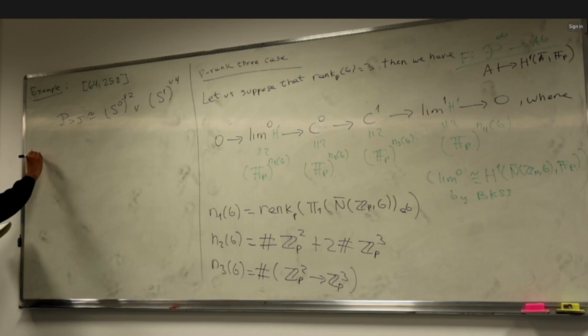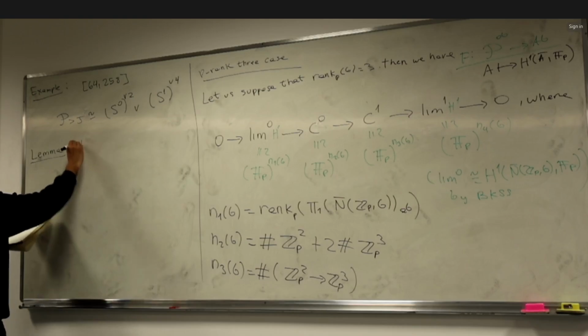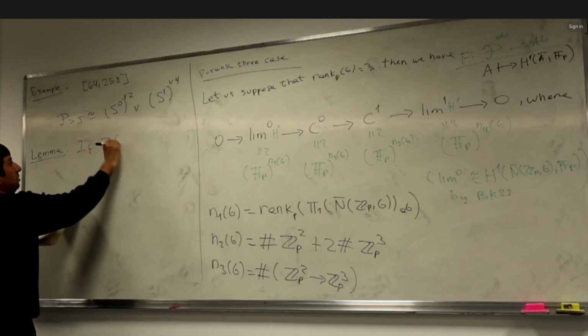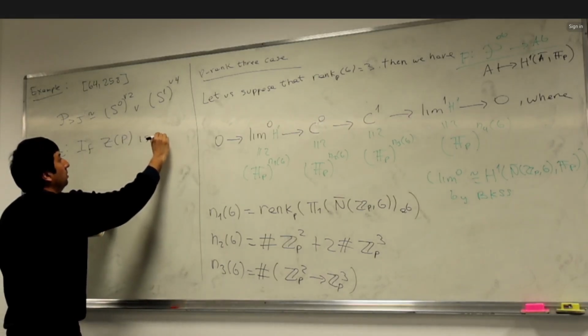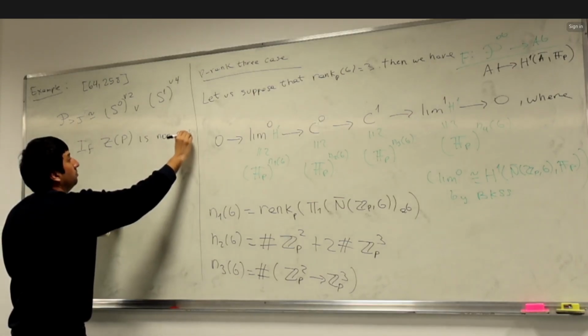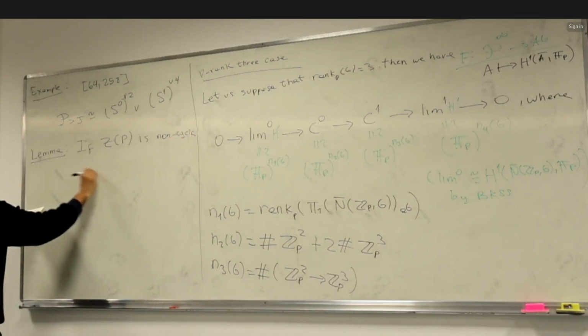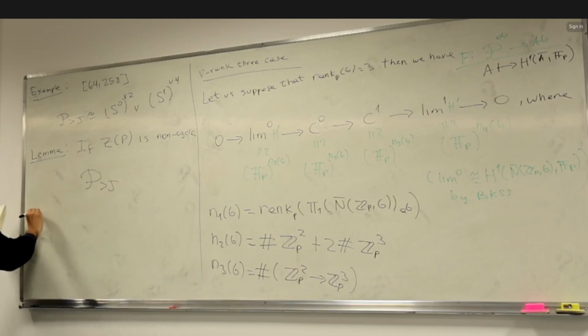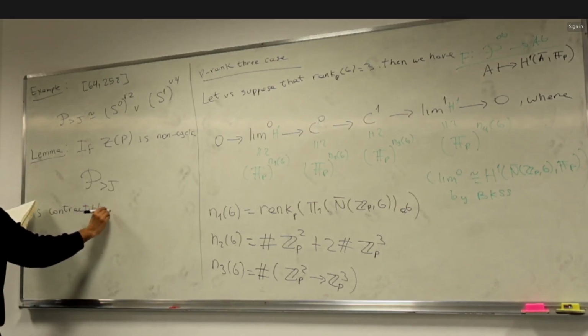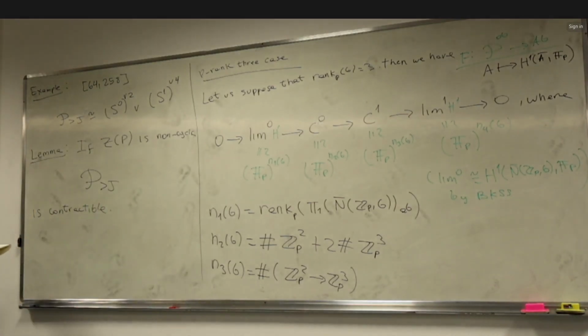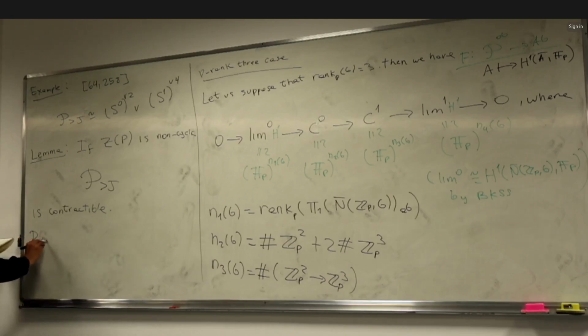So, lemma: if the center of the group P is not cyclic, is non-cyclic, this poset is contractible. Yes, a small proof. We can use the Quillen fiber lemma.